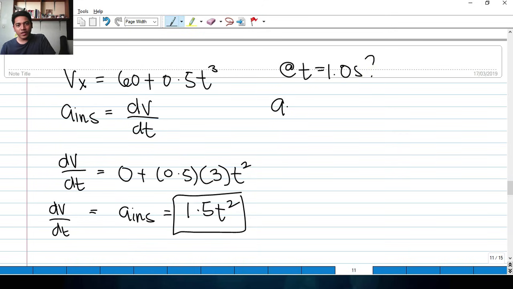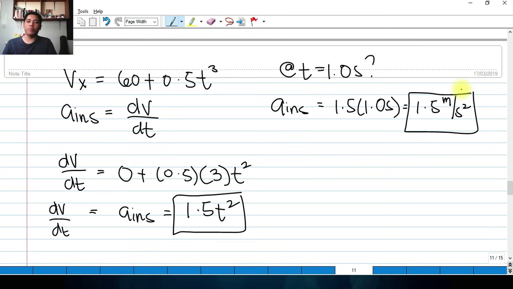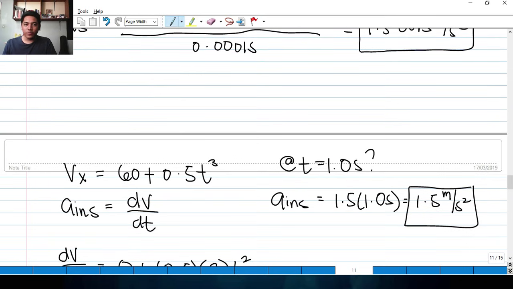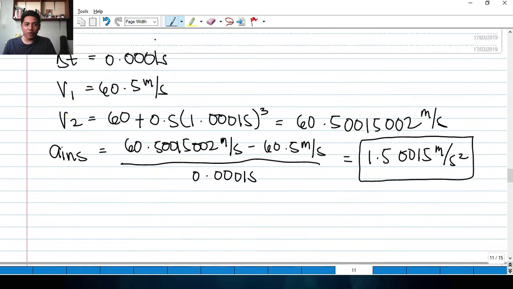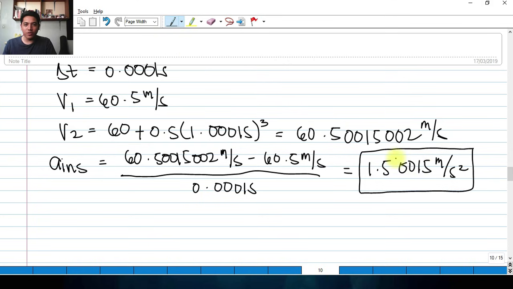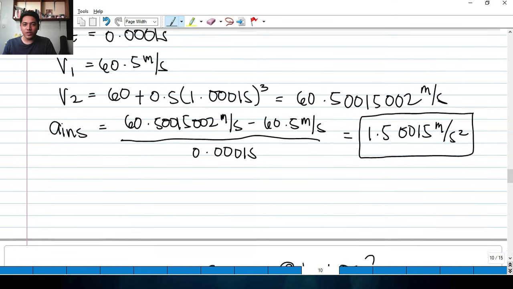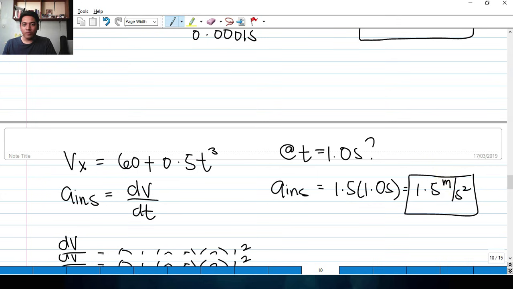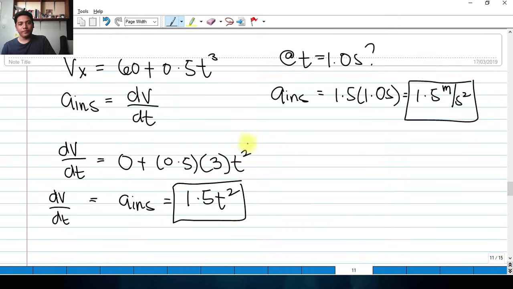Simply, a instantaneous is 1.5 times 1.0 second squared, and that is equivalent to 1.5 meters per second squared. And this should not be surprising because we have seen this a while ago: as our value of delta t approaches 0, the instantaneous acceleration approaches 1.5 meters per second squared.